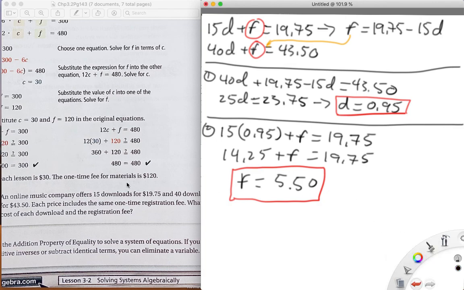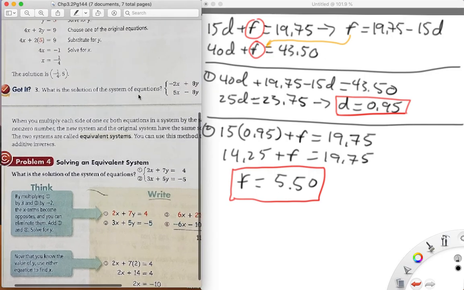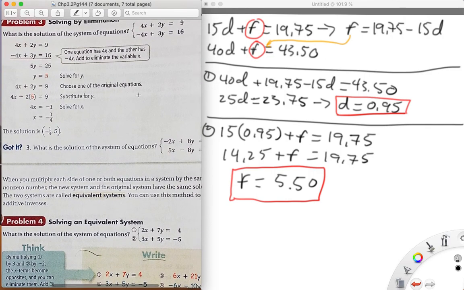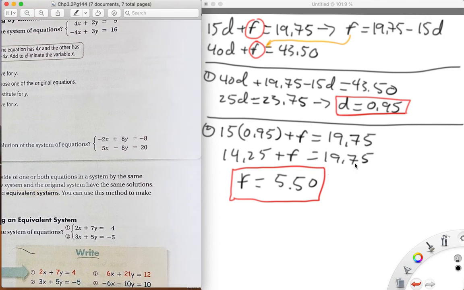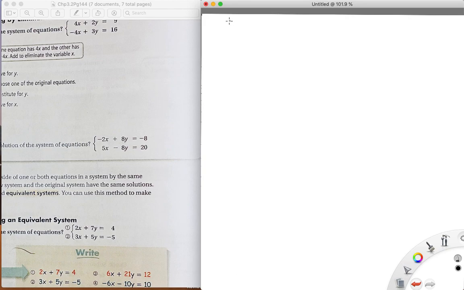We also have an elimination method. And the way that the elimination method works is that we can add or subtract equations.